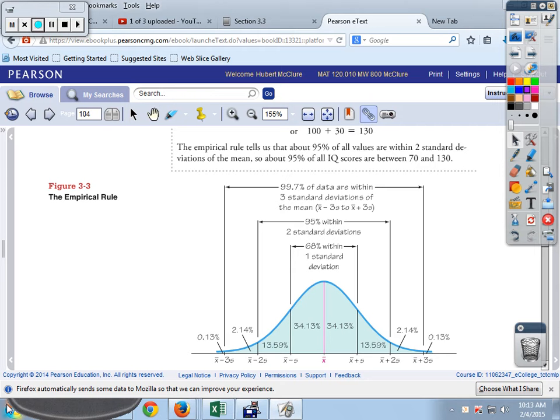If I measure each one of your heights and do the standard deviation and the mean, 95% of you will fall within 2 standard deviations. Then what's outside of 2 standard deviations? Right here, I'm going to put unusual. And right here, unusual. And then outside of 3 standard deviations is called what? Starts with an O. Outlier.